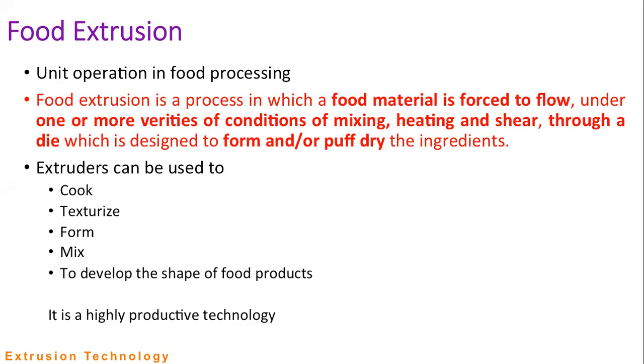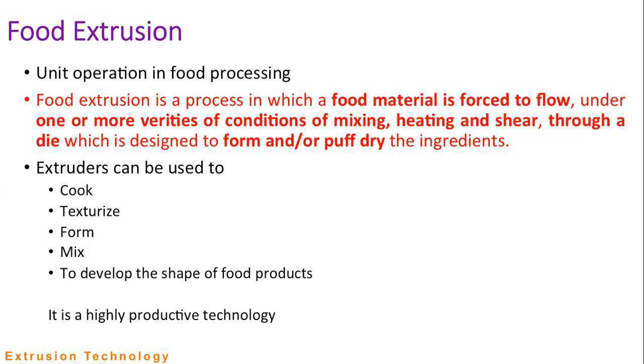So here you can see some important wordings. So force is there to flow, and there are some unit operations inside the extruder. So extrusion is also a unit operation, but when we take the full picture, then you can see there are different types of unit operations.